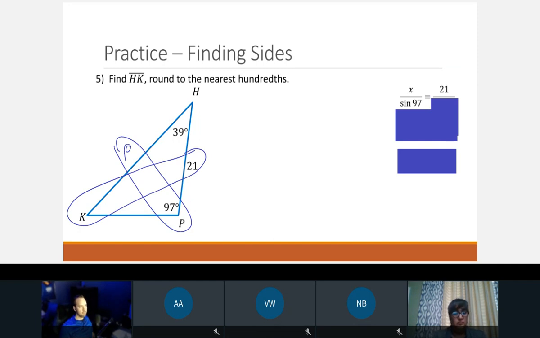Right. So remember, all the interior angles of a triangle add up to 180 degrees. I like the way Caitlin put it best. You take 180 and you subtract out the 39 and the 97, and whatever you get left, that's your angle.